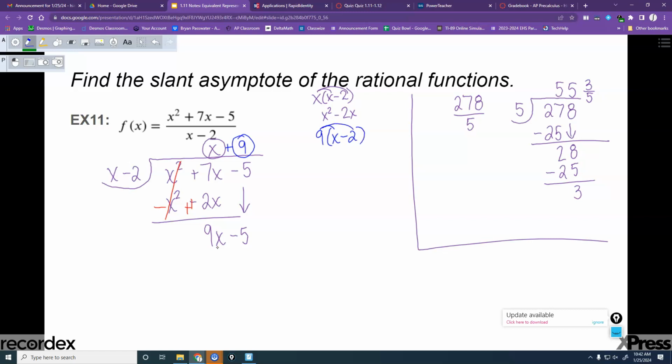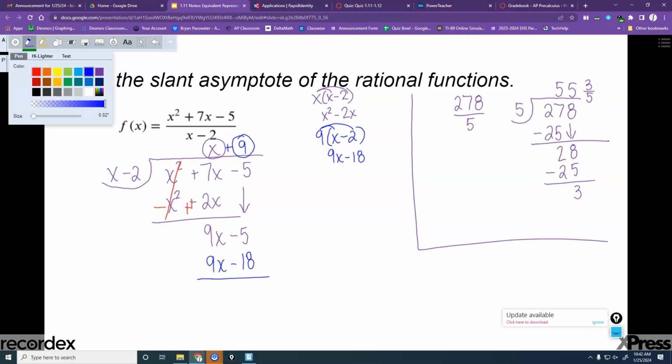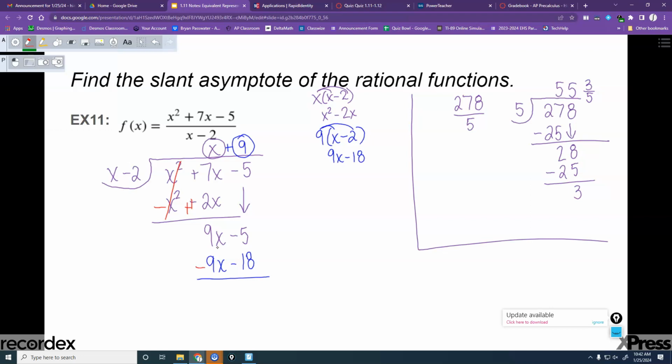So if I distribute there, that's 9x minus 18. So I'll get 9x minus 18 here. Okay, then we need to subtract. We're subtracting 9x minus 9x. That cancels and goes away, which should happen every time if we pick the right number, right?